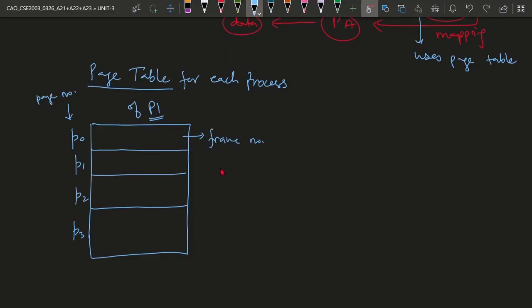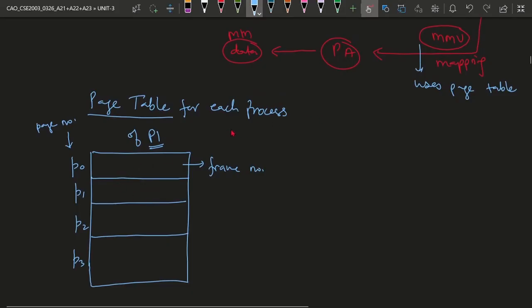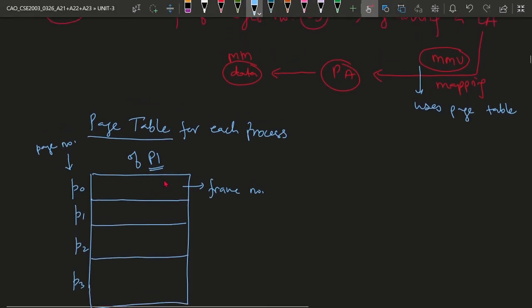Because it is doing the mapping from the logical address to the physical address, it stores which frame number inside the main memory page number 0 is located at. Along with the frame number, there are some other bits also, like valid bits and control bits, but we are not considering those. We are only focusing on the page number and frame number, because we need to do the address mapping.